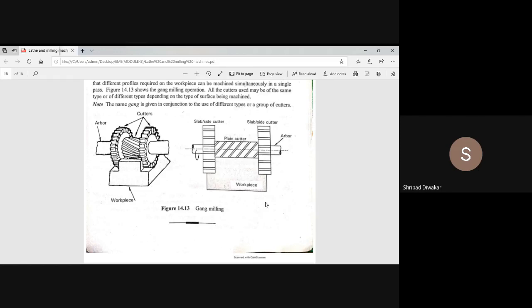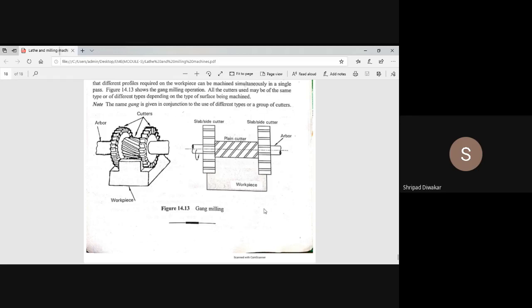And third difference is that in case of a lathe machine, the workpiece rotates because workpiece is fixed in the spindle, and the tool reciprocates, means tool moves to and fro either in parallel direction or in perpendicular direction. And in case of milling machine, the tool will not move. The tool is fixed in the arbor, but the workpiece reciprocates, or workpiece moves in a to and fro direction.